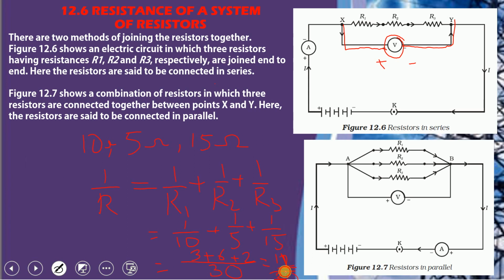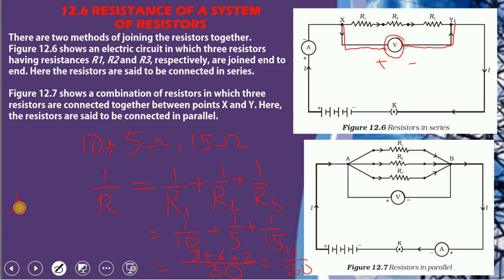Now what is 11 upon 30? While dividing 11 upon 30, you will get a very small quantity, in decimals. Even 1 will not come.